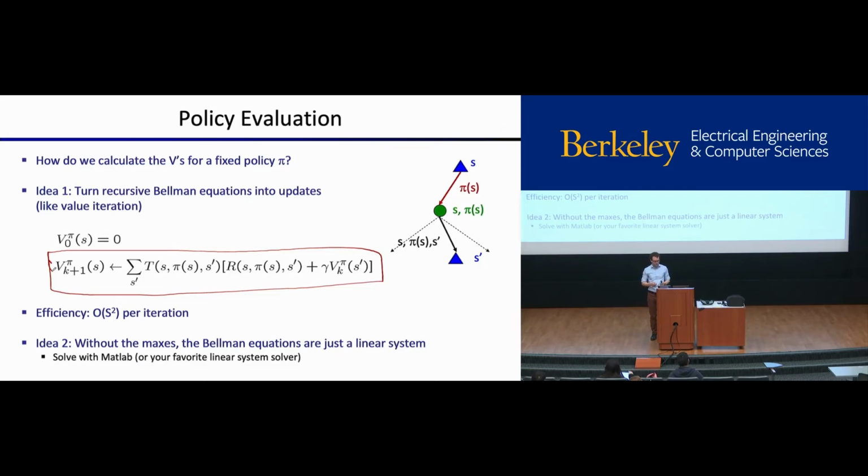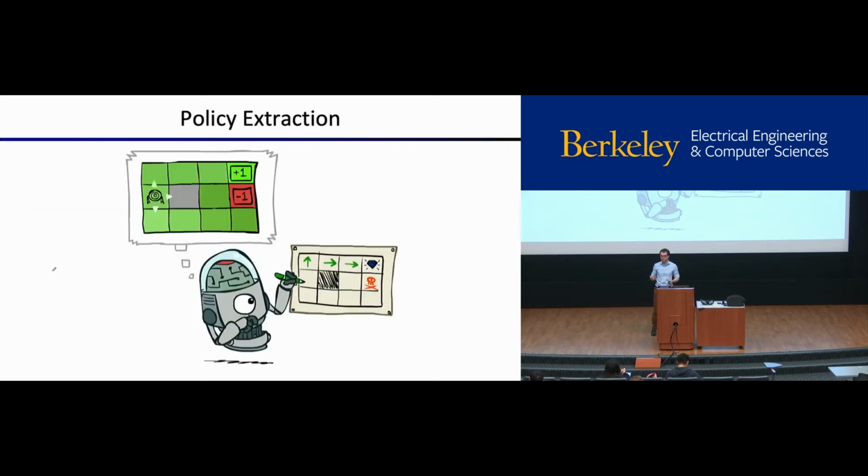Okay, so first, I've now shown you how to take a policy and compute its value. Someone hands you a policy, and you say, what's the value of this policy? You spit out a value function. So we're going from policies to value functions. What about if we want to go in the reverse direction? What if someone hands you a value function, and you want to come up with the best policy for that value function?